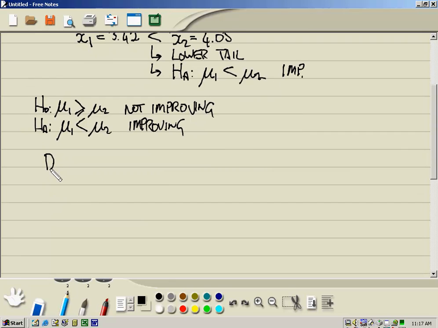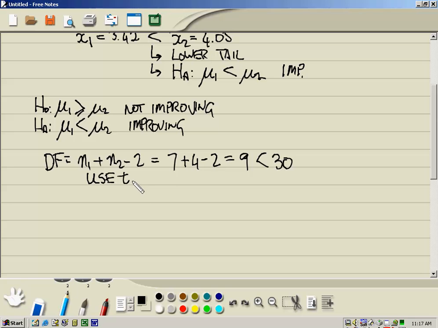Averages problem, the next step, degrees of freedom. N1 plus N2 minus 2, that's 7 plus 4 minus 2 equals 9, which is less than 30, so we're going to use the T with 9 and do the small sample test.